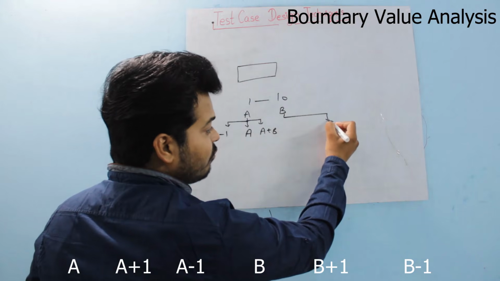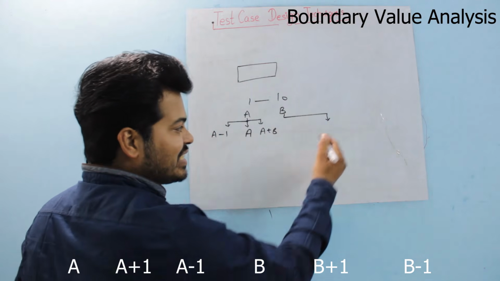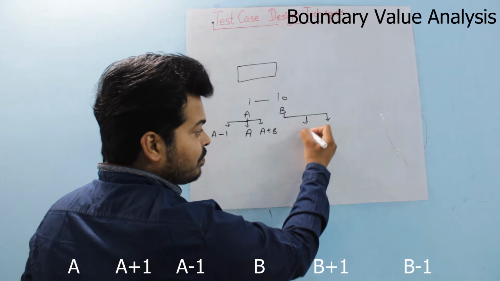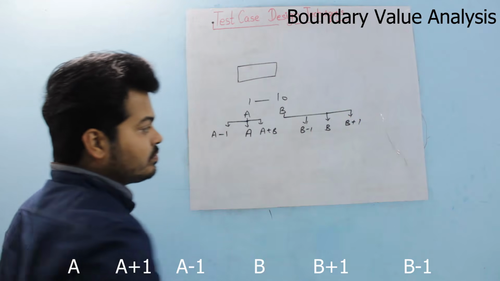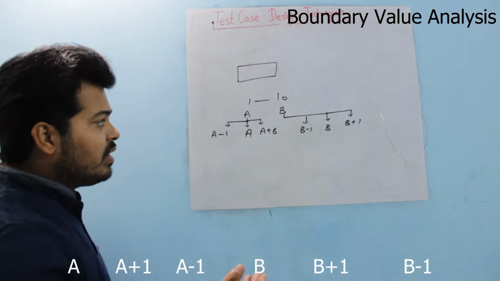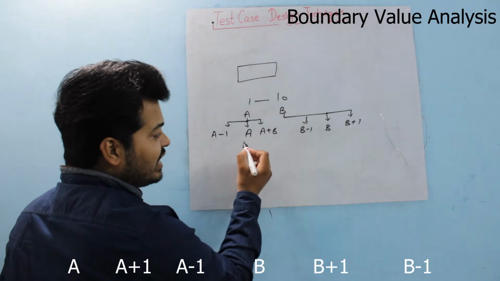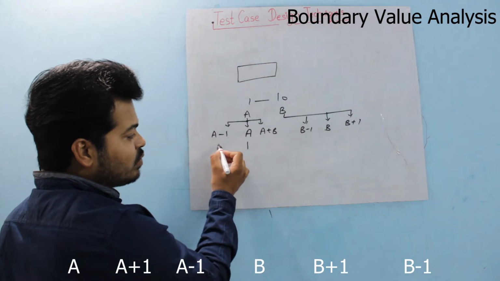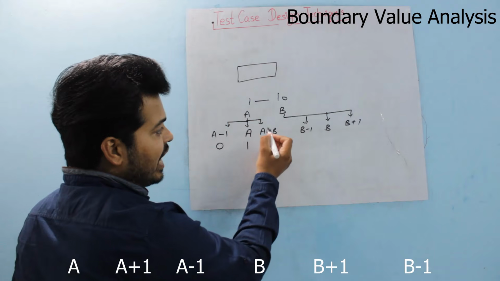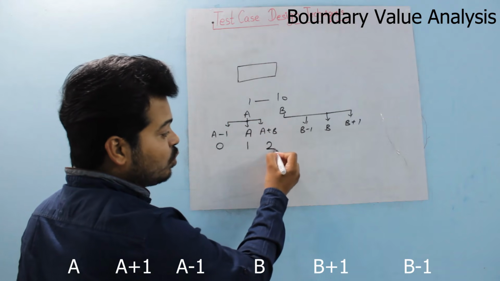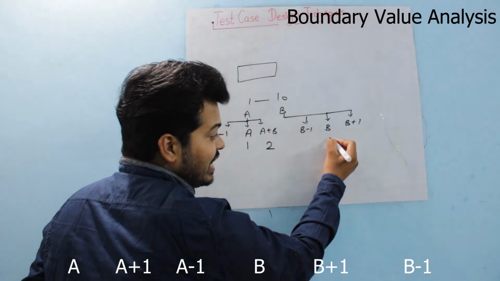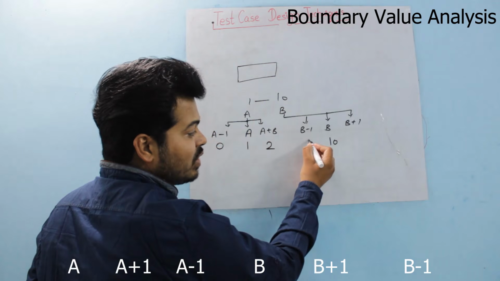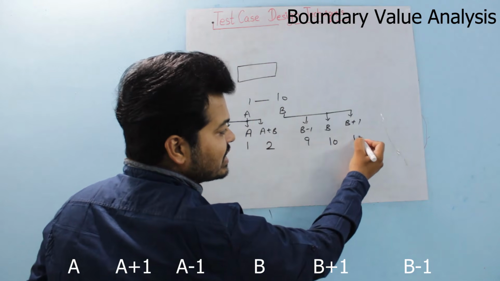And then for B, you need to design your test cases for B minus 1 and B plus 1. Your A is 1, A minus 1 is 0, and A plus 1 is 2. If you talk about B, which is 10, B minus 1 is 9, B plus 1 is 11.